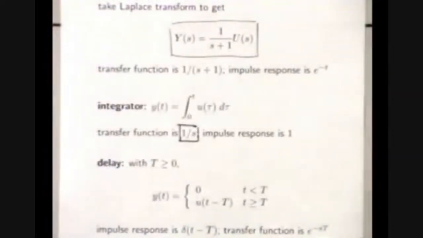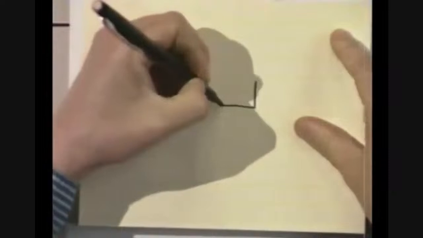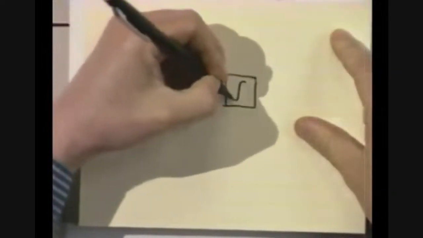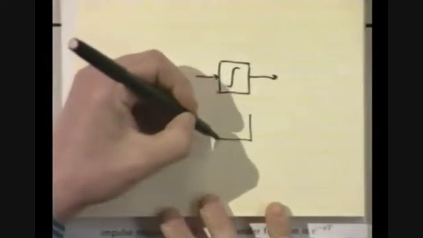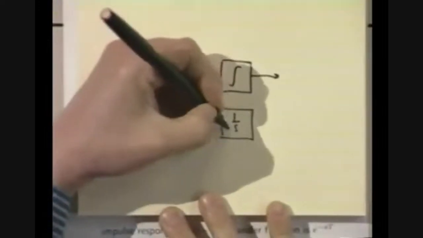And the truth is that people do not go around making block diagrams that look like this. Some people do, even though it's pretty. What you will universally see is the following. That's an integrator. Period. So the universal symbol for an integrator is simply 1 over s. Now you know why.